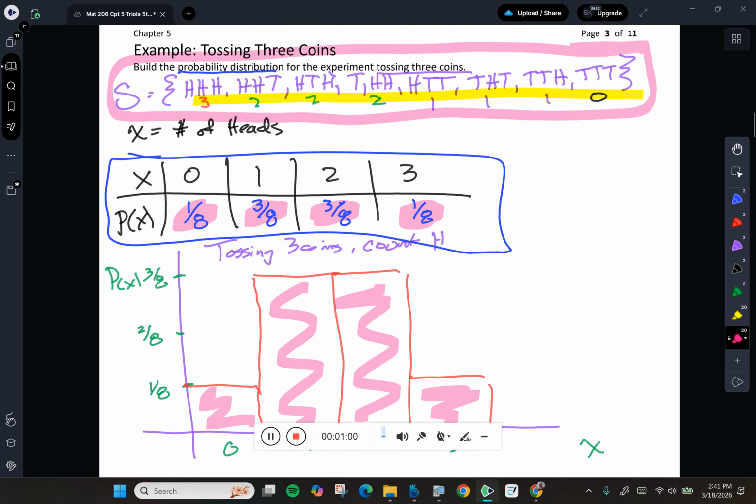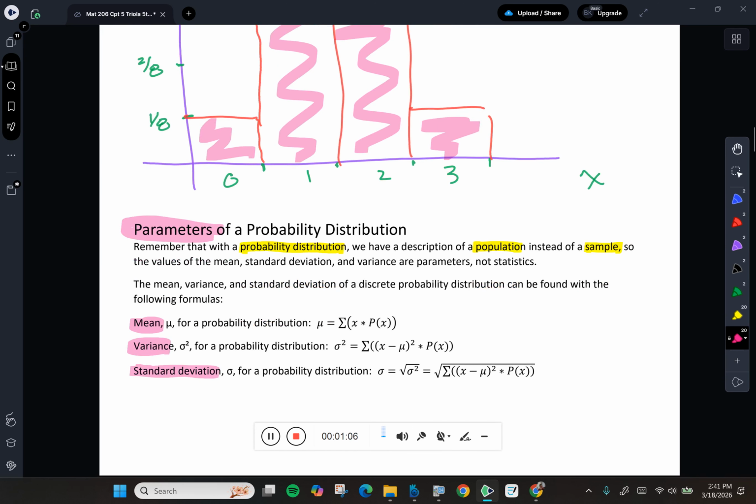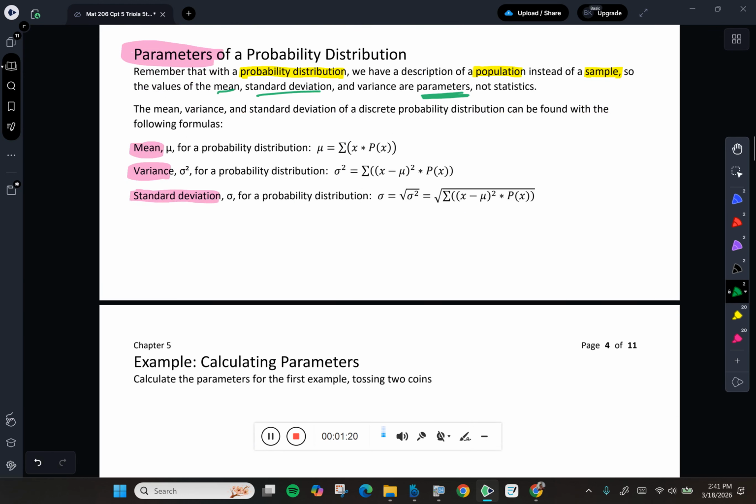We said, here's everything. And anytime it's everything, it's a population. So since it's a population and not a sample, when we calculate the mean and the standard deviation from this, they are going to be parameters, not statistics. Having said that, having gotten that out of the way, it's pretty straightforward.